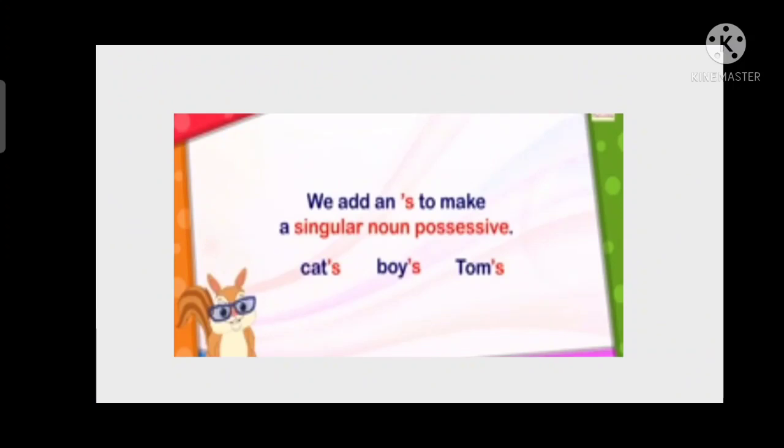We add an apostrophe s to make a singular noun possessive. Cat is given in the singular number. Boy is given in the singular number. Tom is given in the singular number. It means after a singular noun, apostrophe s is given to show singular noun possessive.